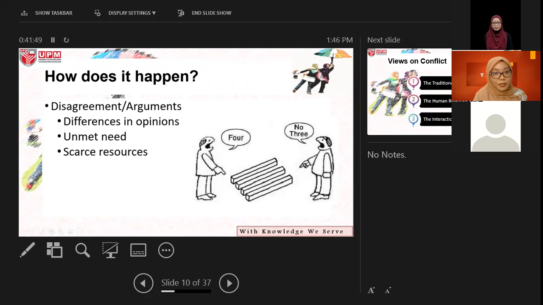So the situation ni, the argument, if let's say both people ni disagree with one another, and then it seems that there are differences. So why the differences or disagreement or argument happen? First, differences in opinion. We already said earlier, unmet need. Unmet need ni means that the first person said that it is 4. The second person said that no, it is 3.